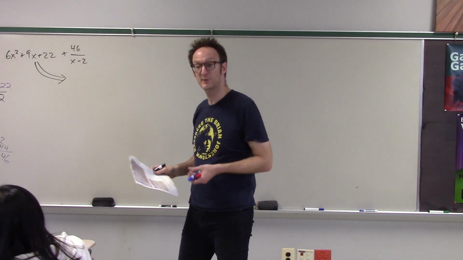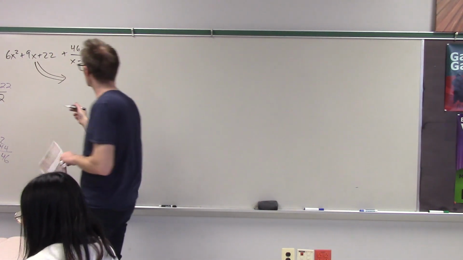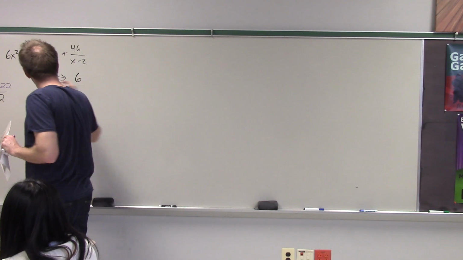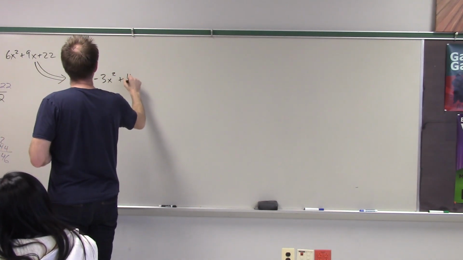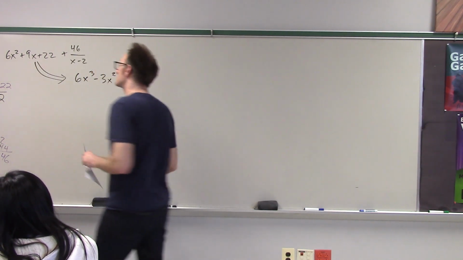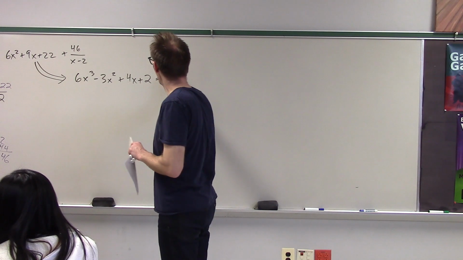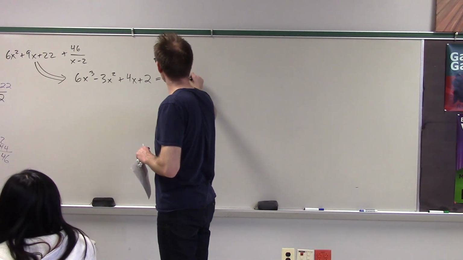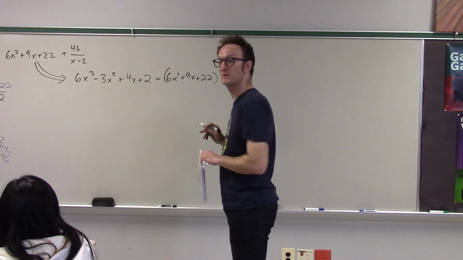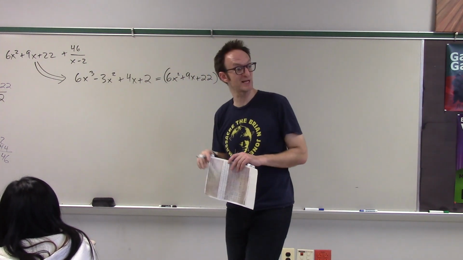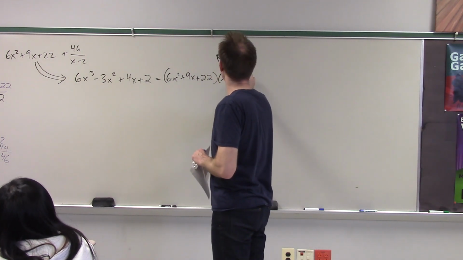So really we're studying polynomials here, and the better way to understand this is to say that the polynomial 6x cubed minus 3x squared plus 4x plus 2 itself can be expressed as 6x squared plus 9x plus 22 times, does everyone see what I'm doing? I'm multiplying both sides of this equation by x minus 2. And this then just gives me x minus 2 plus 46.